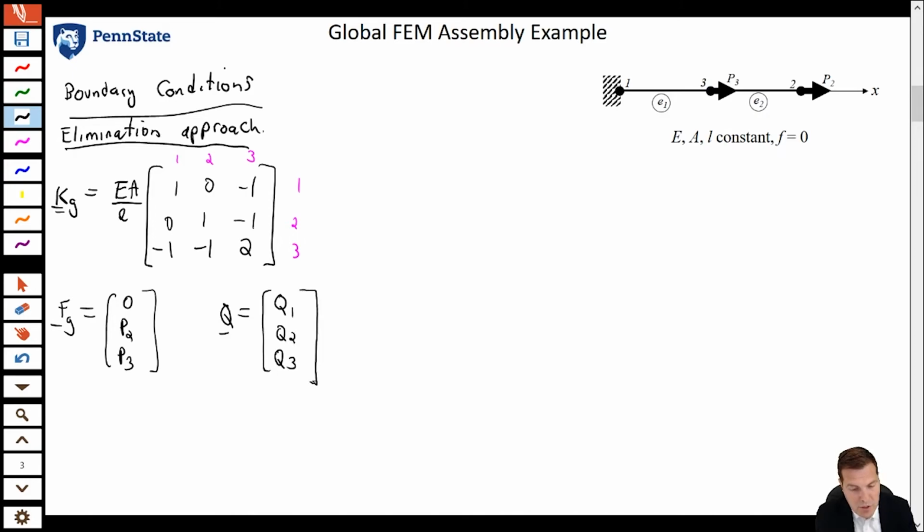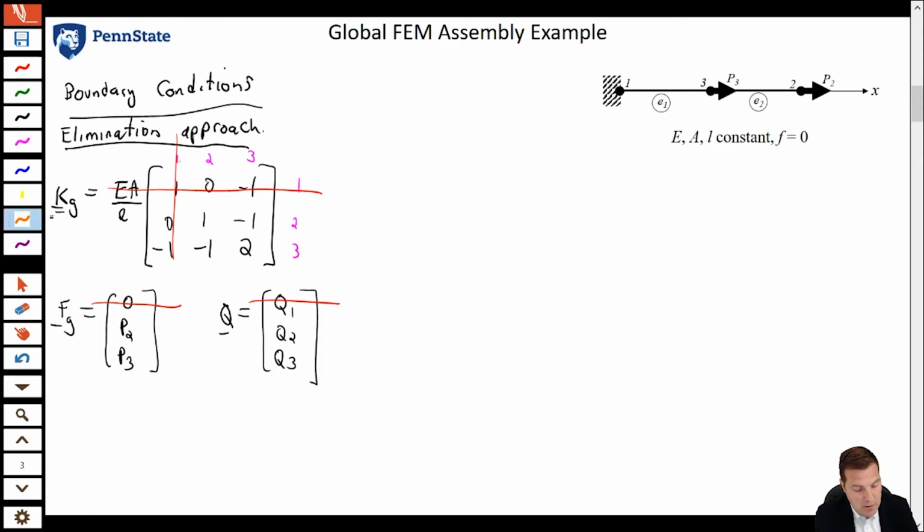So in our elimination approach, what we're going to do is cross those values out. So we use the red, and we basically just go right across with whatever we were given. So it's 1 degree of freedom. That's the degree of freedom number 1, I should say. So we cross those out, and we do that actually in all the cases. Okay, so that's eliminated, and that leaves us with the reduced stiffness matrix.